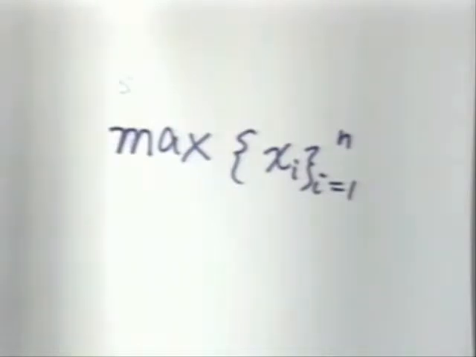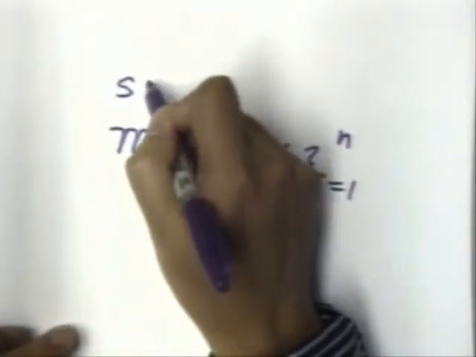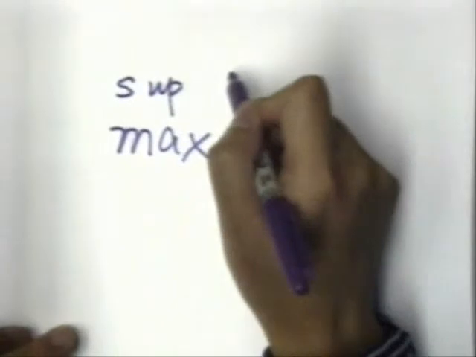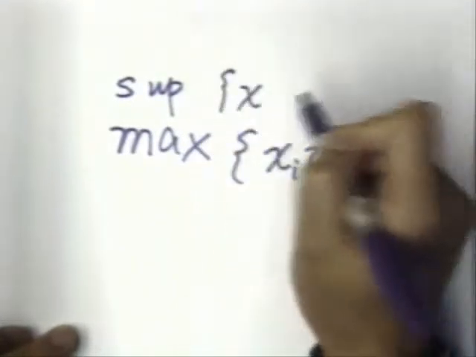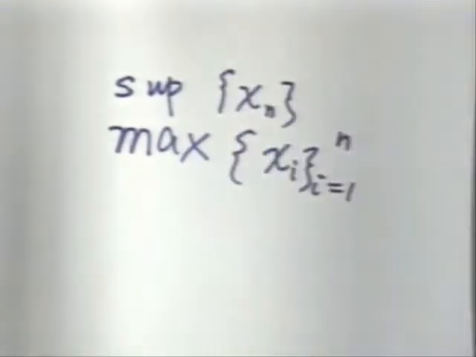What if this sequence is infinitely many? Then I will say the supremum for this sequence x_n, and in this case, n can go from 1, 2, 3, 4 until infinity.